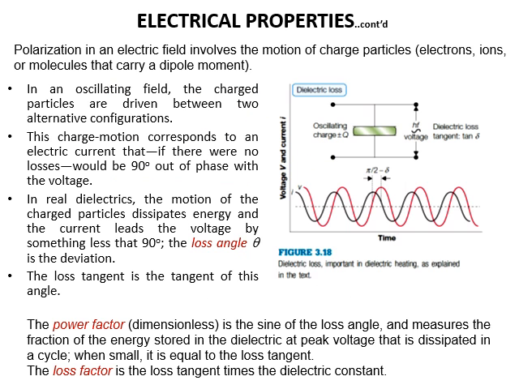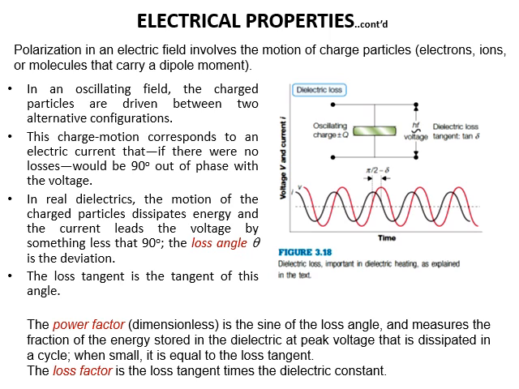Polarization in an electric field involves the motion of charged particles, electrons, ions, or molecules that carry a dipole moment. In an oscillating field, the charged particles are driven between two alternative configurations, such as shown in figure 3.18.